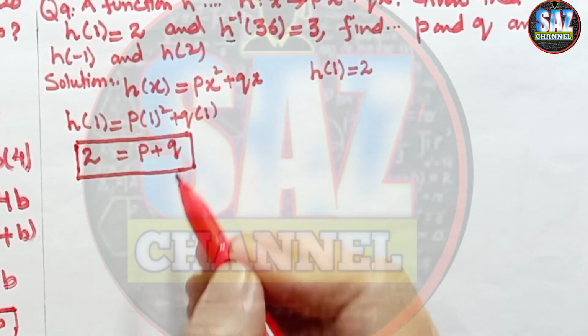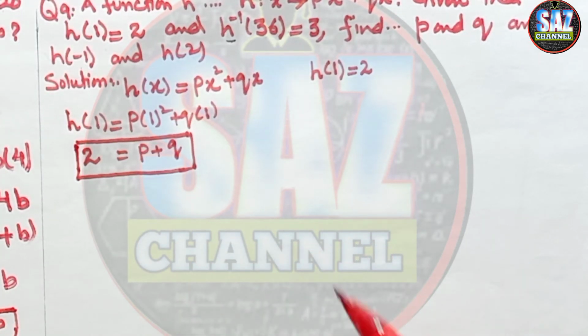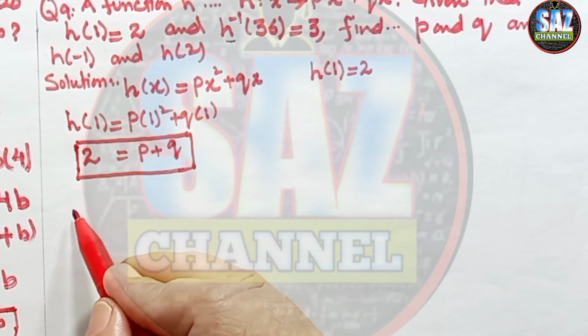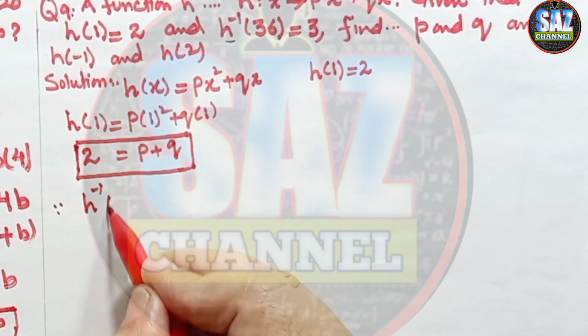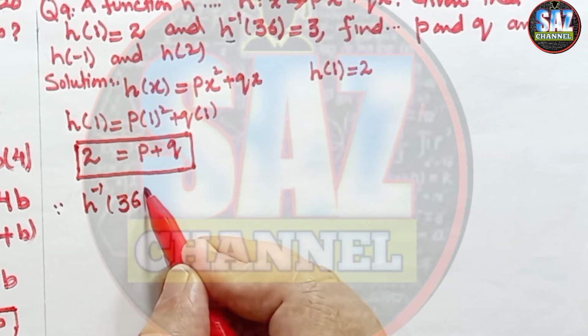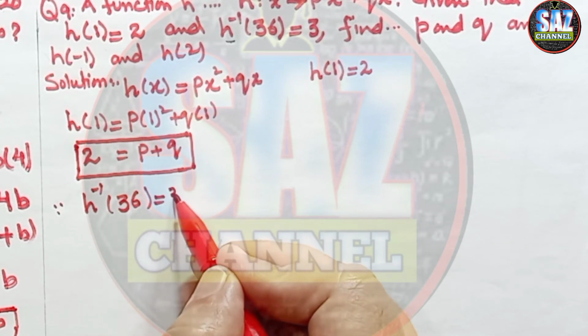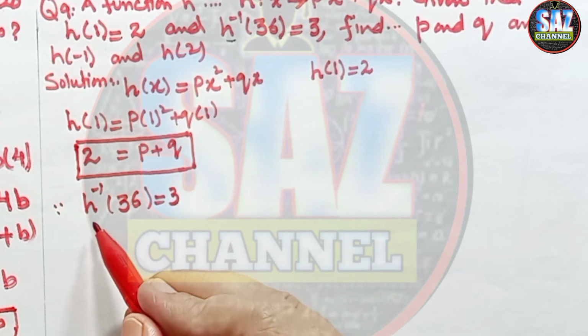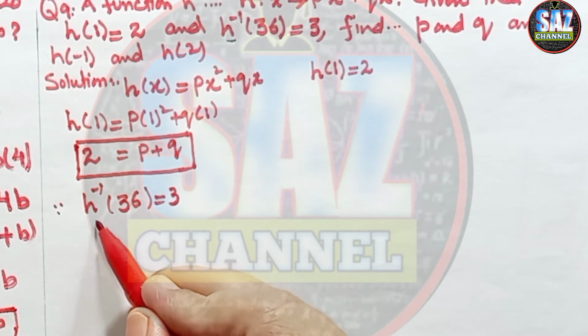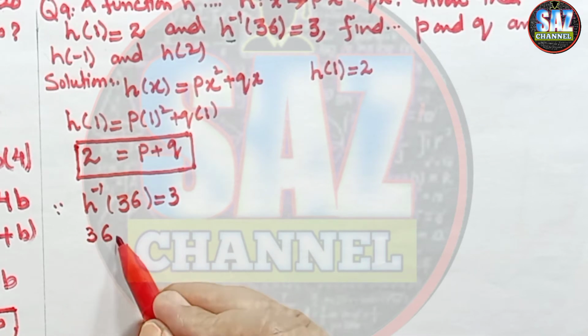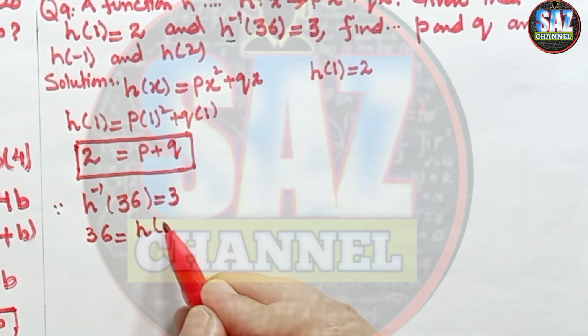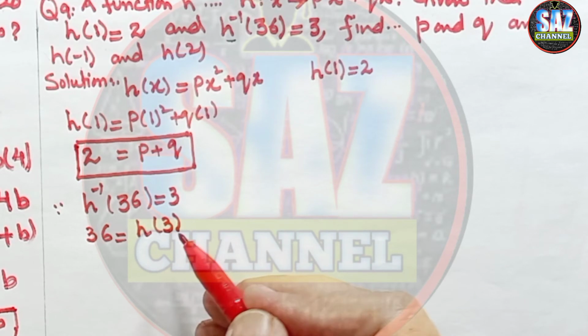Now if we look at the second condition, given is h inverse of 36 equals 3. Shift it into the direct condition, that is, shift h inverse to the other side, and it will become 36 equals h of 3.